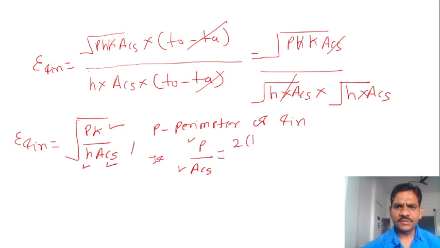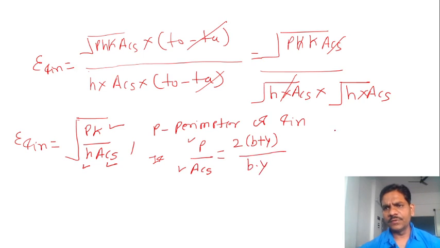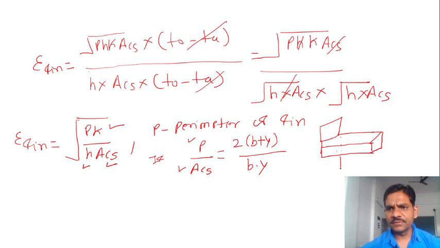It is twice B plus Y, upon the cross sectional area, which is the product of B into Y, because we know the diagram of the fin in 3 dimensions. What is the diagram of the fin? The fin is in this way. We already learned these things. Yes or no?